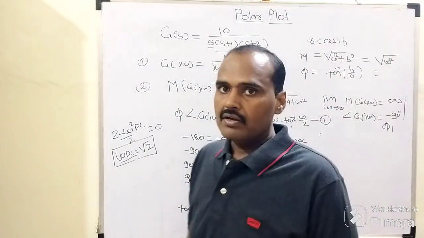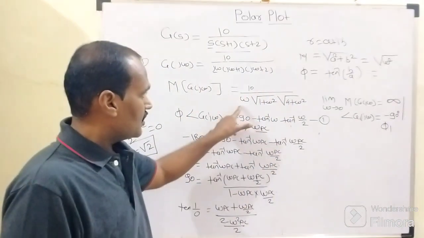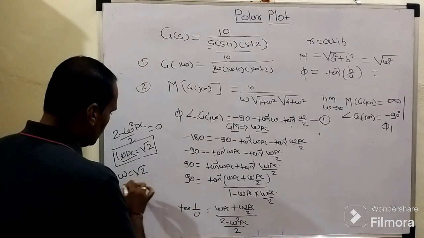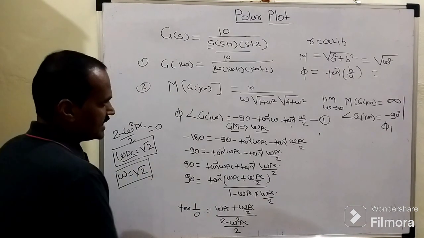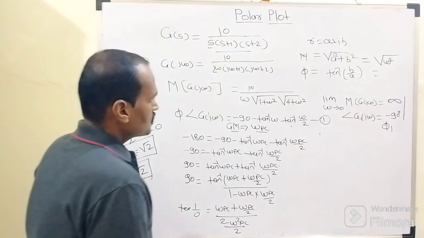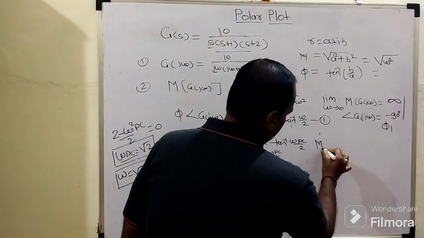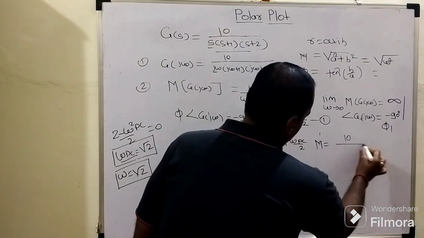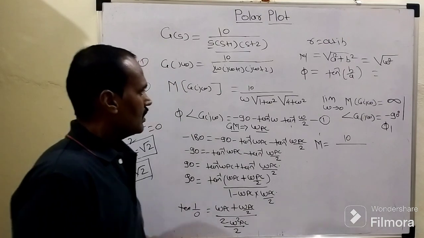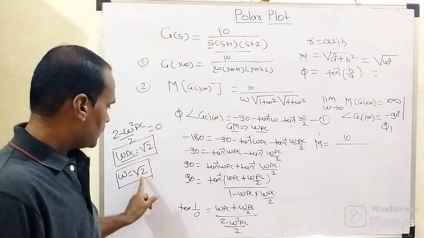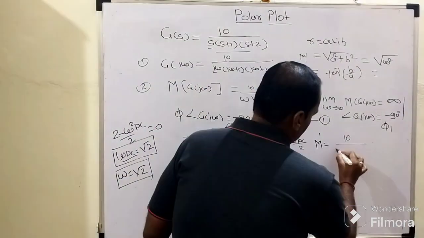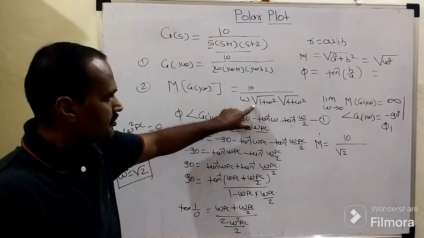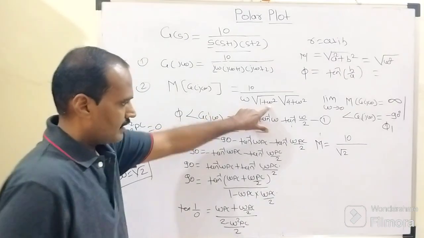So in this expression, we need to replace this omega with this omega pc, the phase crossover frequency, that is nothing but root 2. So the magnitude will become 10 upon omega equals to root 2, so 10 upon root 2, again square root of 1 plus omega square, right?